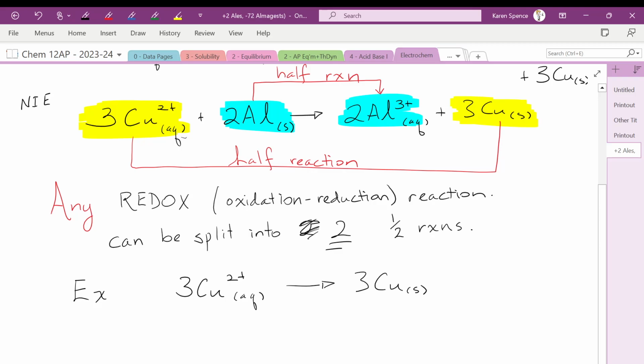Well, hold on. There's something I need to do before that. I need to take out the 3, okay? All right, so we're going to rewrite that as Cu 2+ aqueous goes to Cu solid.